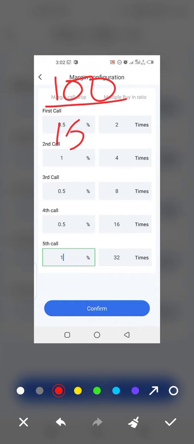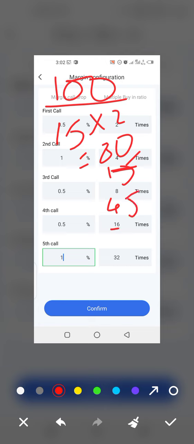And maybe I decide I want to use this method. It means I'll not have 5 margin calls, I'll have less, because 15 times 2 will be equal to 30, plus the first buying amount 15, this is 45.